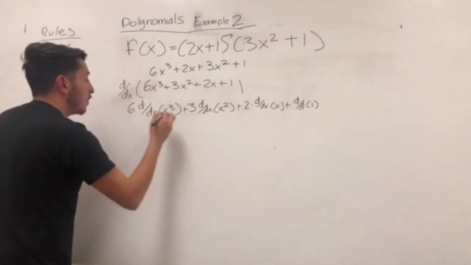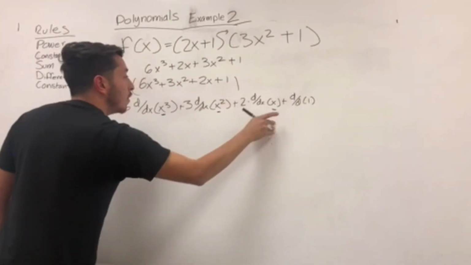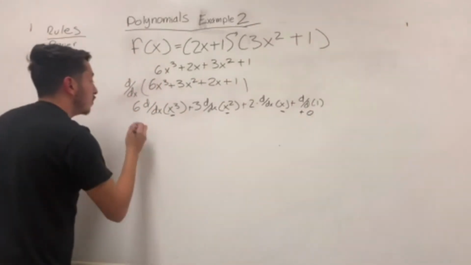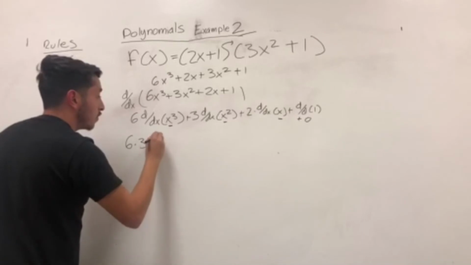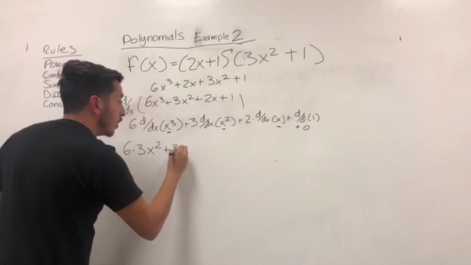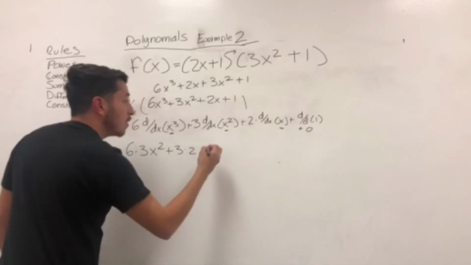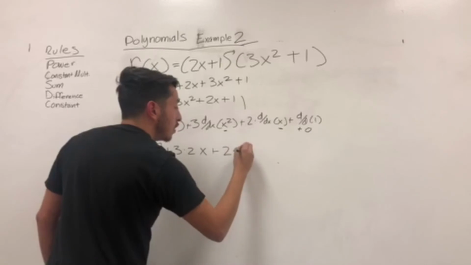Now that we have that, remember, do the power rule right here, this one as well. This one goes to 0 because it is our constant. So it's going to look like this: 6 times 3x to the second power, plus 3 times 2x, plus 2 times 1.